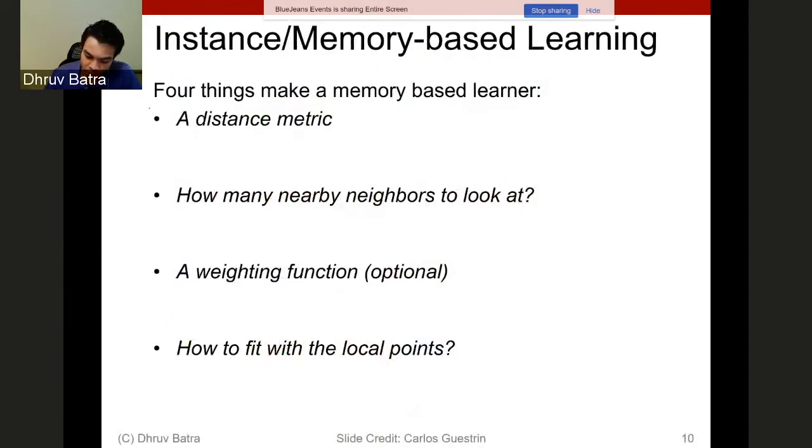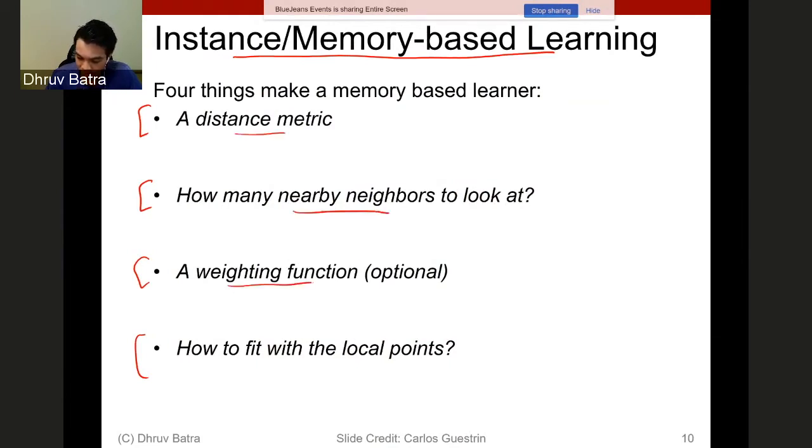We told you about 4 different quantities that if you can specify them, you are basically specifying a memory-based learner: the distance function, how many nearest neighbors, whether you're going to weight them, and how you are going to fit the local points. And we introduced 1 and k nearest neighbors by specifying the answers to these 4 things.